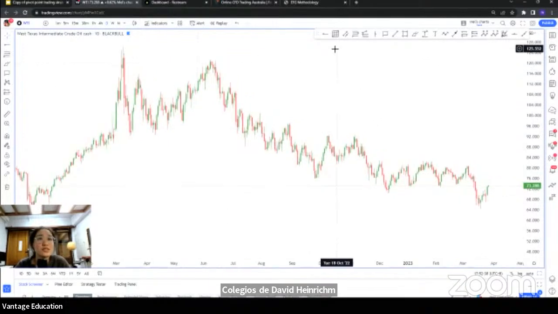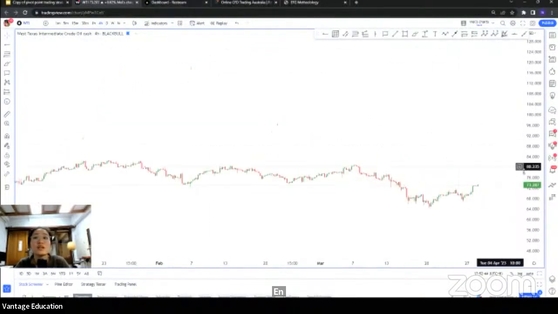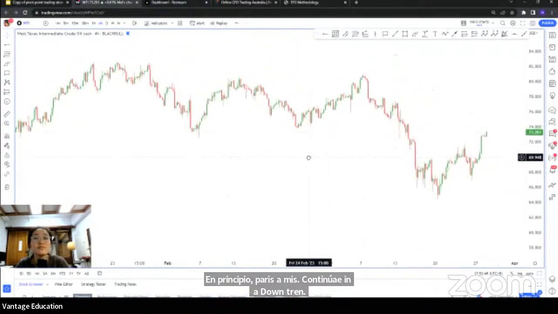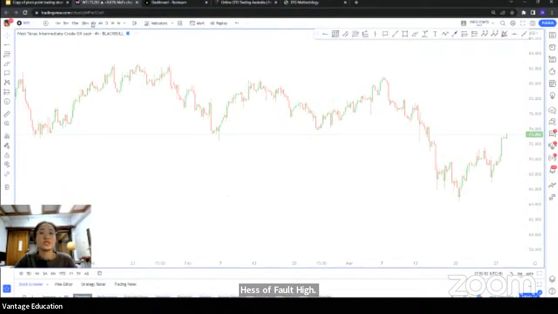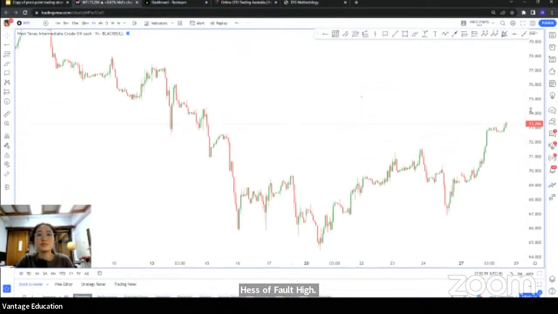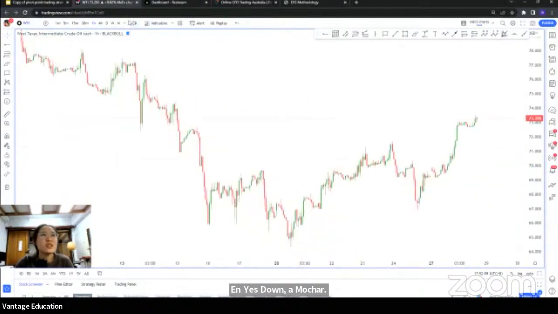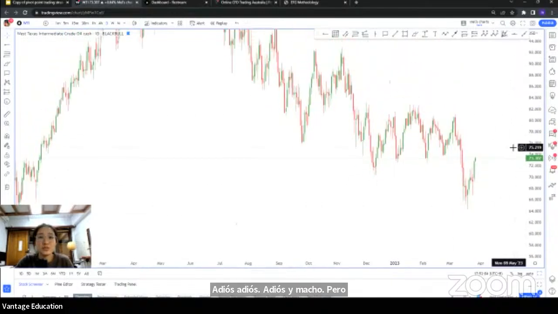You can see price continuing in a downtrend. Here's the 4-hour chart. And here's the 1-hour chart. Okay, I think we can all agree that the daily time frame has a much clearer price movement.